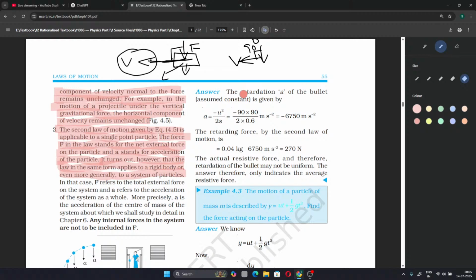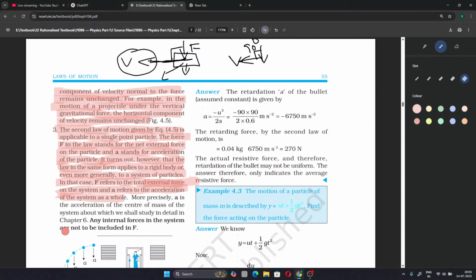But this law will also work for a rigid body or a system of particles. In the case of a system of particles, in the same equation, force equals mass into acceleration, force refers to the total external force. A point to be remembered is that we are talking about the external force acting on the system, and A refers to the total acceleration of the system as a whole.